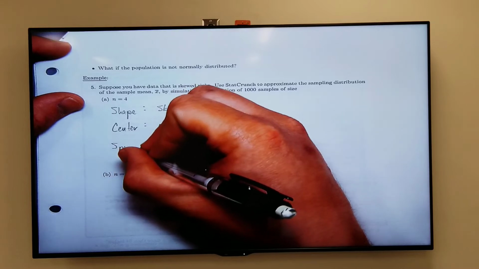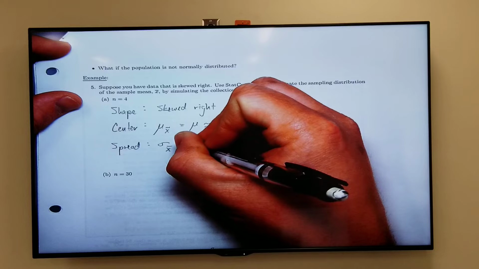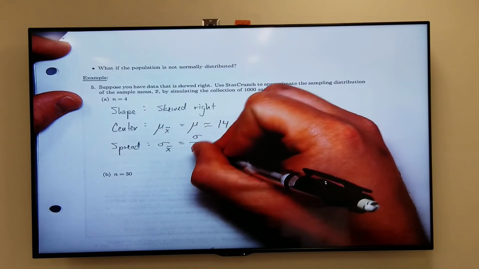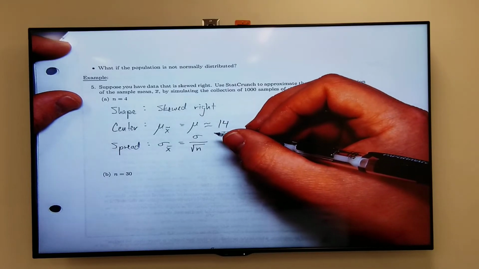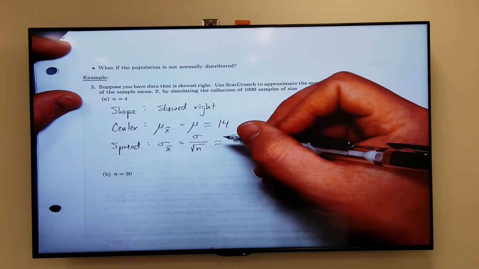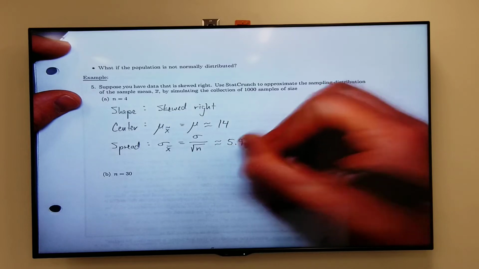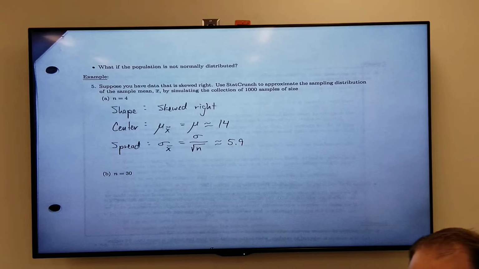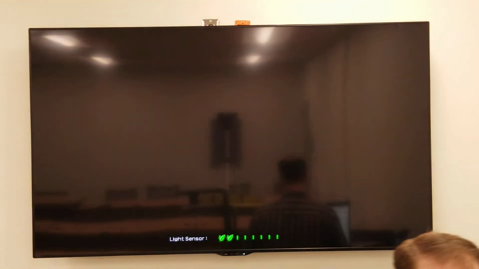And the spread, sigma sub x bar, appears to be, again, the population standard deviation divided by the square root of the sample size, which in my case turns out to be about 5.9. Okay, let's do the simulation again for n equals 30, just to see if these patterns are still holding up.